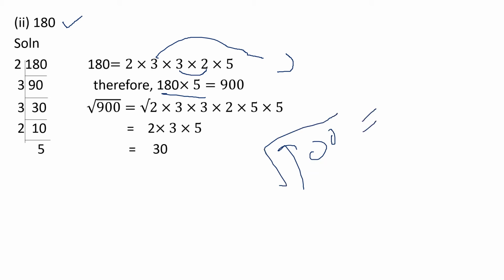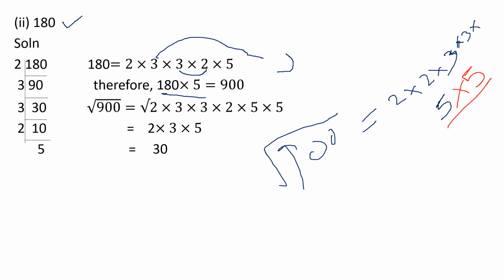So what will you be writing? Write all these numbers: 2 into 2 into 3 into 3 into 3 into 3 into 5. 5 didn't have a pair, right? So already we multiplied 180 with 5 to get the perfect square.